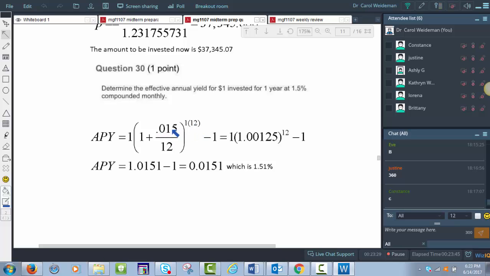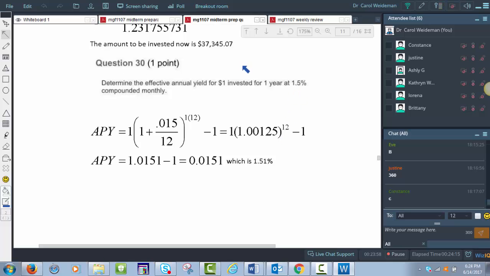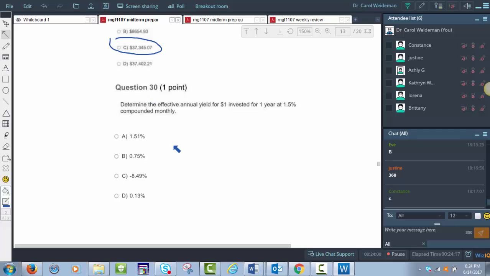So in this case, 0.05 divided by 12, add 1, raise it to the 12th power, subtract 1, and I get 0.0151, which is 1.51%. Notice this answer is always going to be slightly larger than the stated interest rate, because you're coming up with the effective yield as if it were simple interest. So one hint when you're working the problems, it's always going to come out slightly larger than the stated interest rate.